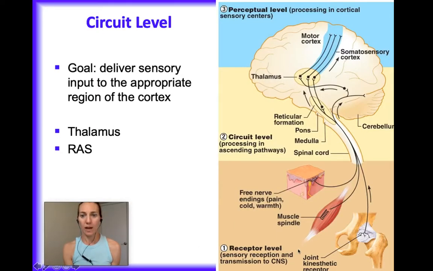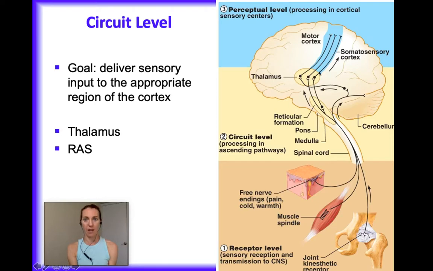So moving up from the receptor level to the circuit level, recall that the thalamus is going to be primarily responsible for taking in all of the sensory input and routing that to the appropriate part of the cortex. And so when we're dealing with somatosensory input, our somatosensory cortex is going to interpret that.